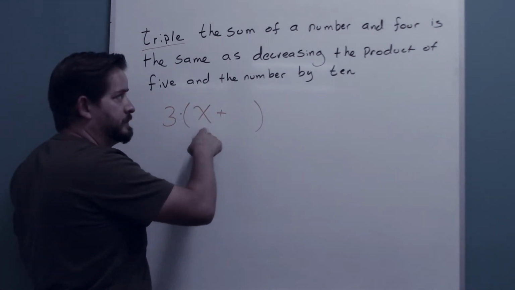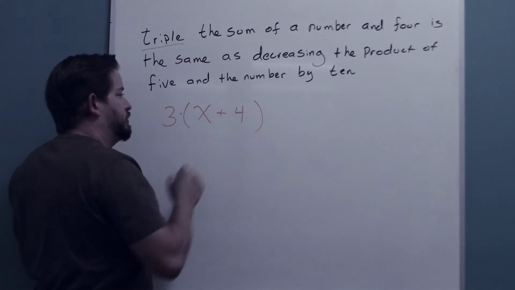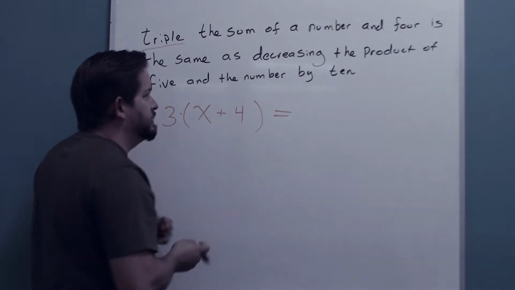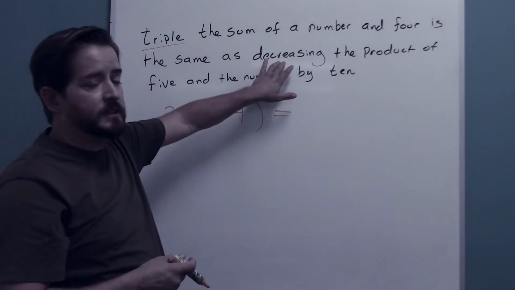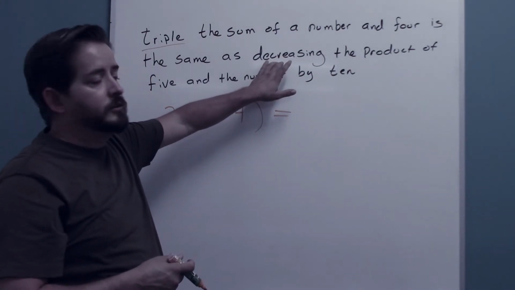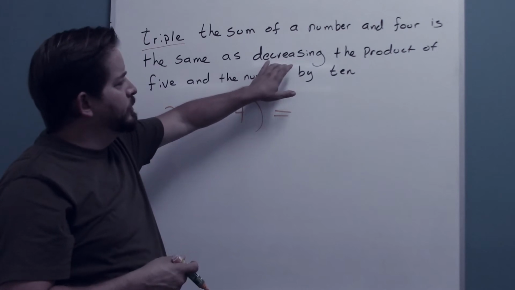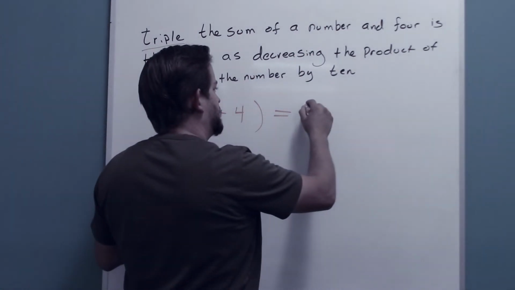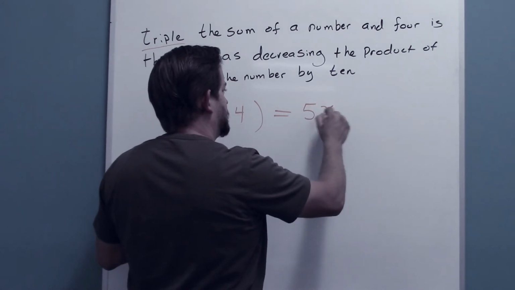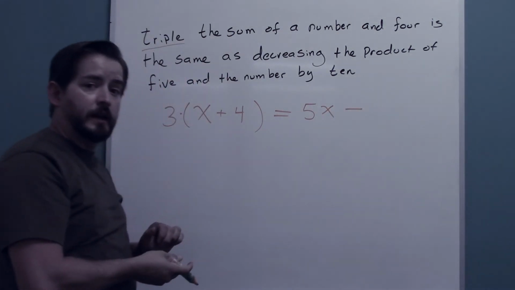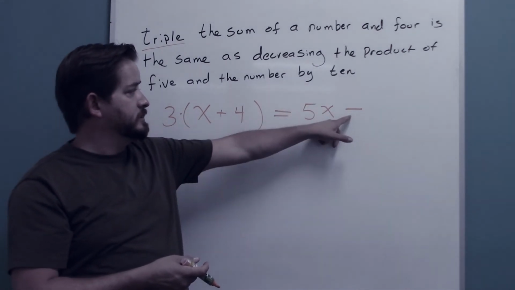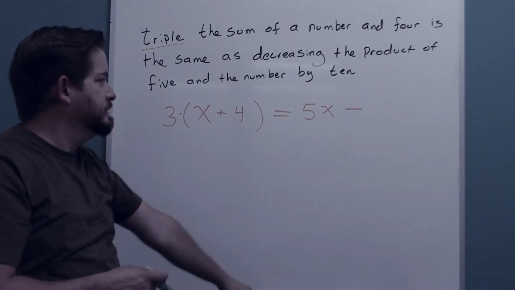We're going to call it x. And 4. Is the same as means to be equal, and then again you have to be careful with decreasing in the order that you write these, right? I'm going to decrease the product of 5 and the number, which is that. 5, the product of 5 and a number is being decreased, so minus by 10.